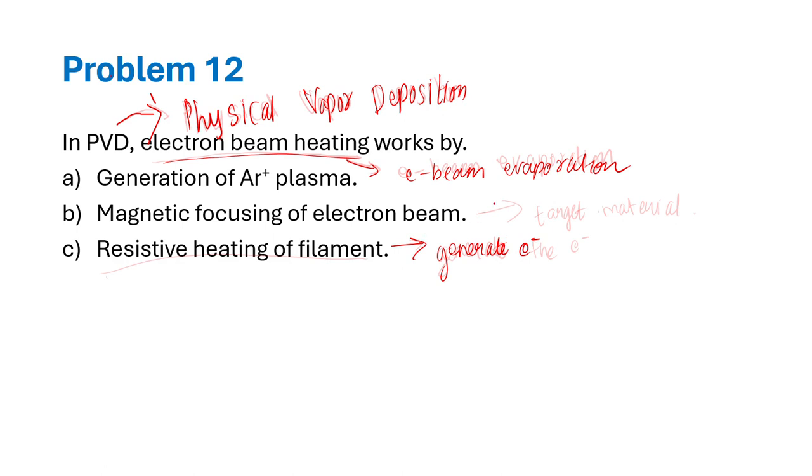So I'll have to decode this as the way to generate electron beam. Here we are not mentioning heating of the target material, right? If it is heating of target material, then it will be magnetic focusing of the electron beam. So the answer is C, resistive heating of filament. Okay.